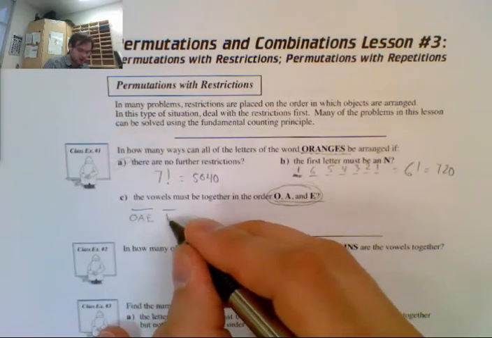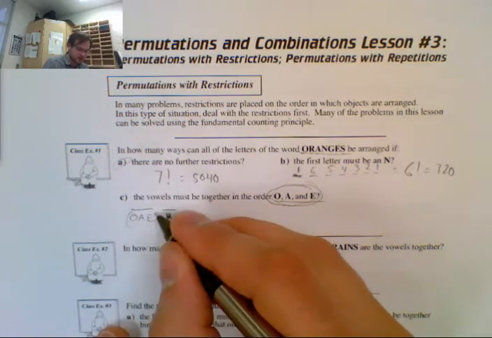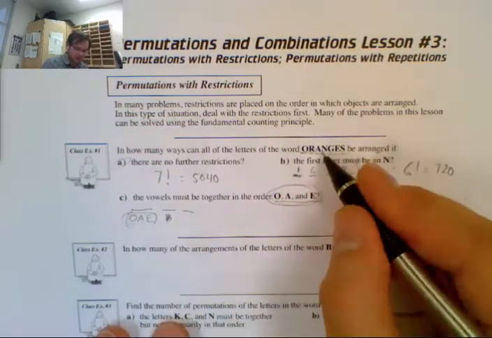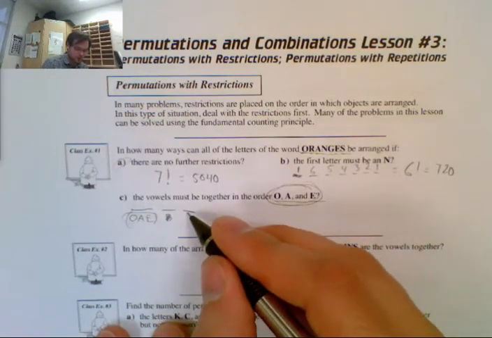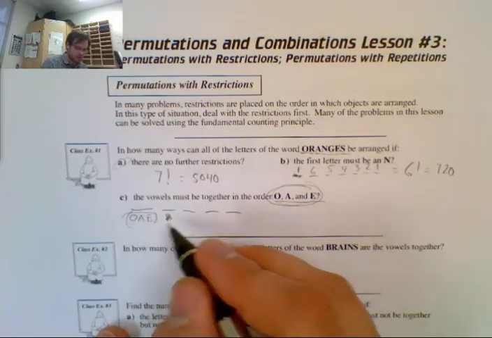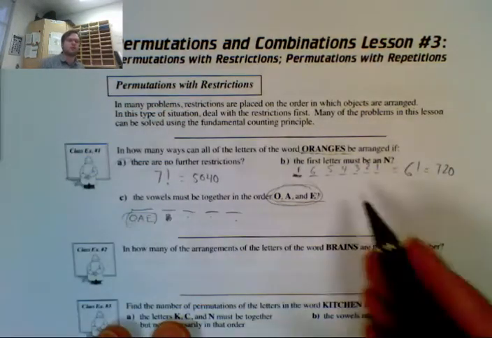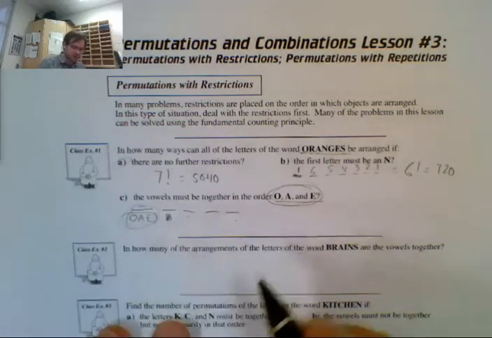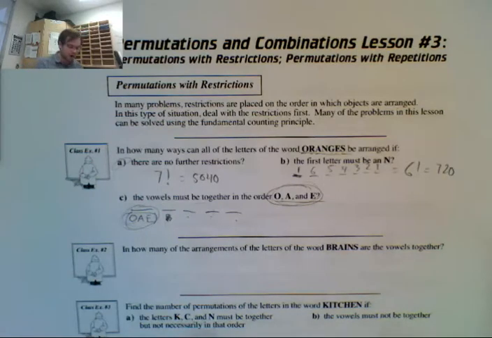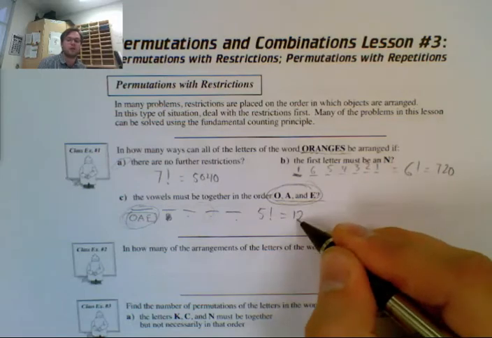Then we also have all my other choices here, so that's 1, 2, 3, 4, 5, because 1, 2, 3, 4, 5, 6, 7. So altogether, if this counts as one letter, we have only 5 letters we can move around, which gives me 5 factorial, which is equal to 120.